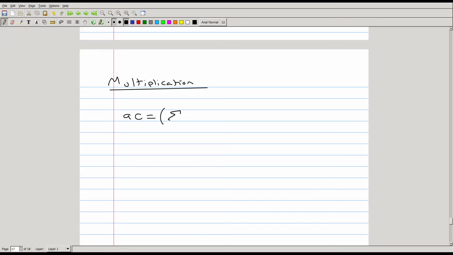This is going to be the summation from K equals 0 to n minus 1 of AK times B to the K, times the summation from K equals 0 to n minus 1 of CK times B to the K. And what we want to consider here is what we get when we multiply summations together algebraically.